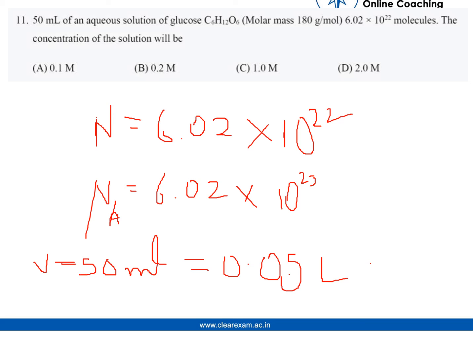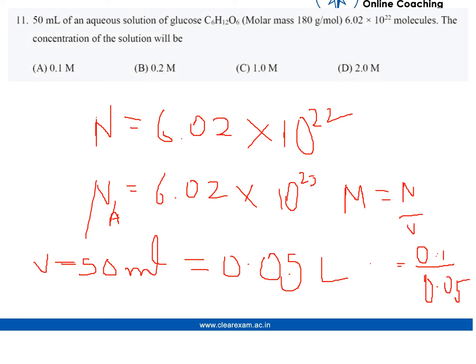So now we have to calculate the molarity. Molarity is equal to the number of moles upon the volume of the solution, which is n upon V, equal to 0.1 upon 0.05.